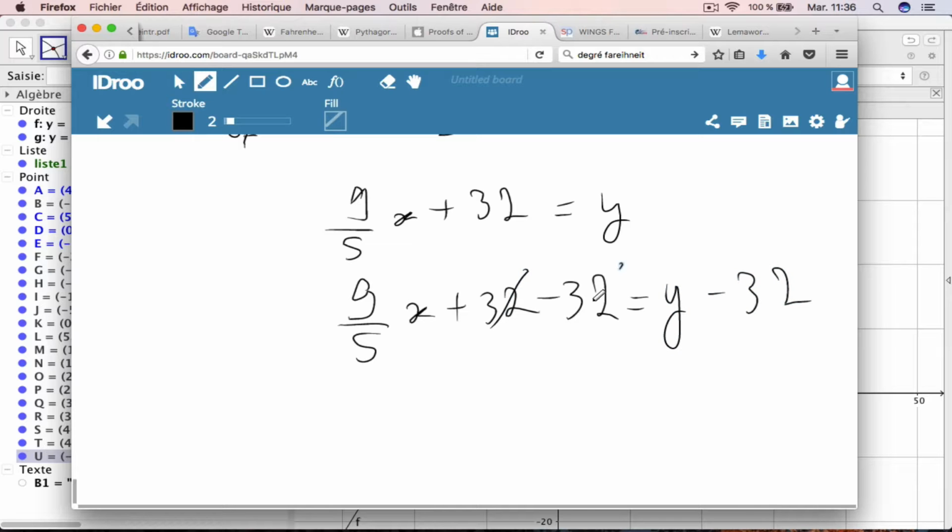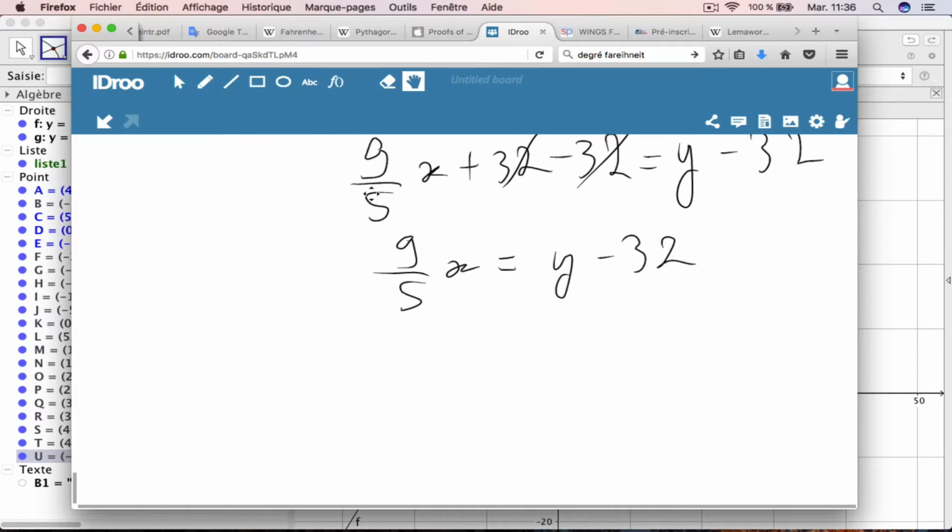We can cancel here, and we've got 9 on 5 times x equals y minus 32. Okay, let's continue. We have to get out this stuff. We can multiply by 5 and divide by 9. Let's do this.